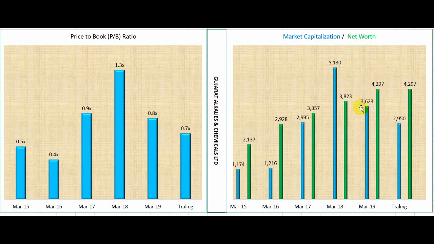So this is the right time to buy, provided the ratios or the fundamentals of the companies are intact. We don't want to buy into a company with bad fundamentals even if you are getting it at a very low price.